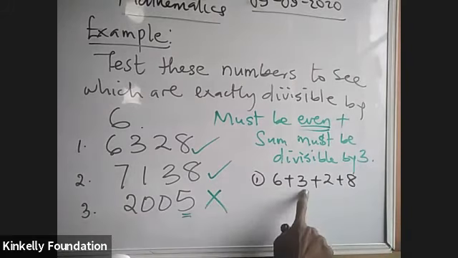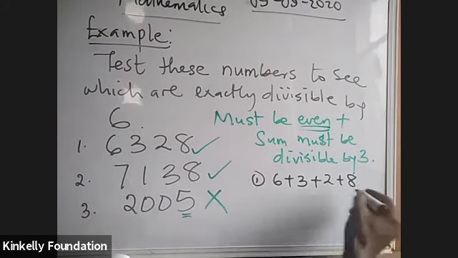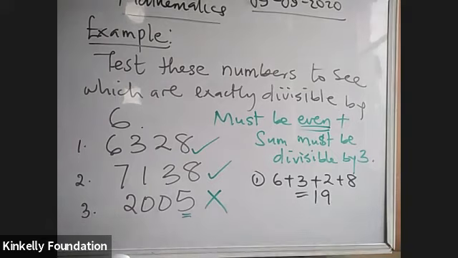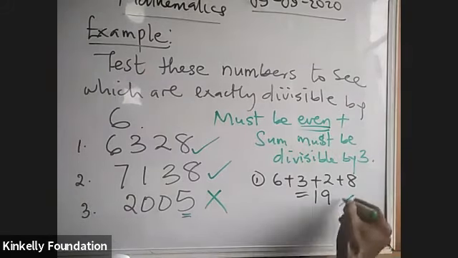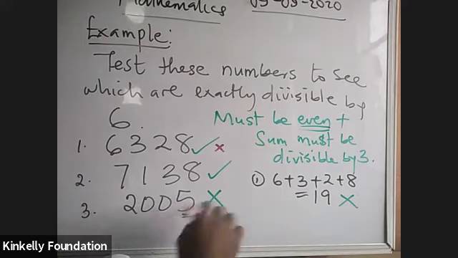This is 9. 9 plus 2, 11. 11 plus 8 is what? 19. 19 cannot be divided by 3. So the second rule fails here.